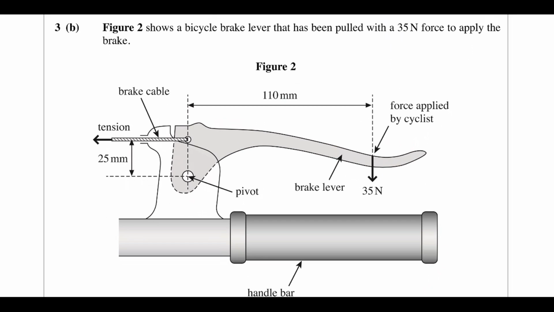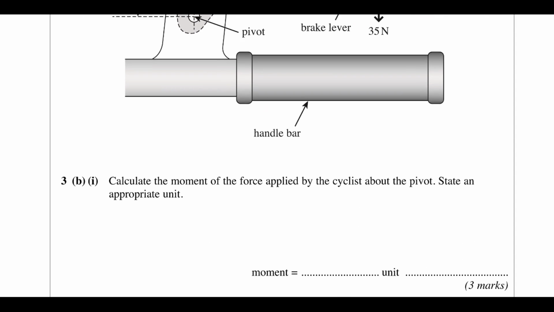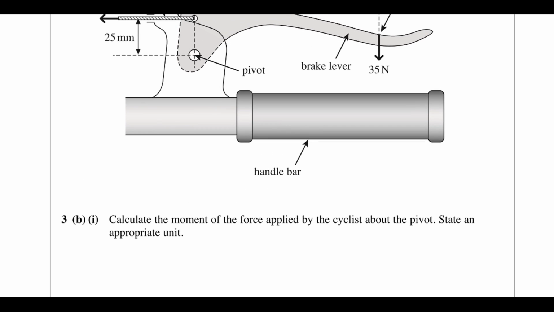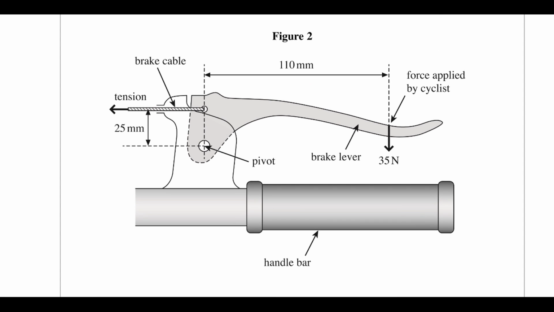We've got a bicycle brake lever, so that's going to be using this principle of moments, and we've got a 35 newton force to actually apply the brake, and then we've got some distances involved here. Okay, so what I want to do is calculate the moment of the force applied by the cyclist about the pivot, stating an appropriate unit. So a moment is a force times perpendicular distance.